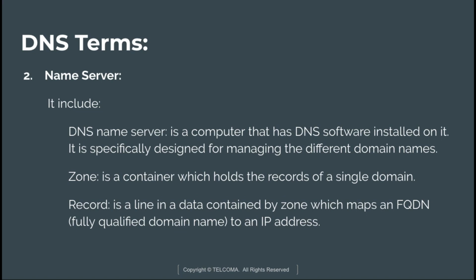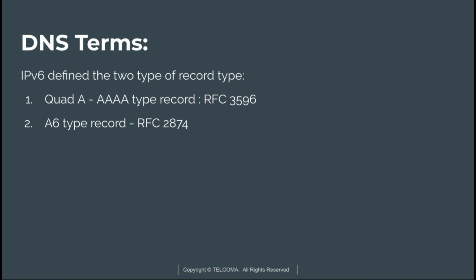After that, the next part is that IPv6 defines two types of record types. The first one is the quad A type record, and it is defined in RFC 3596. And the second record type is the A6 type record, and it is defined in RFC 2874.